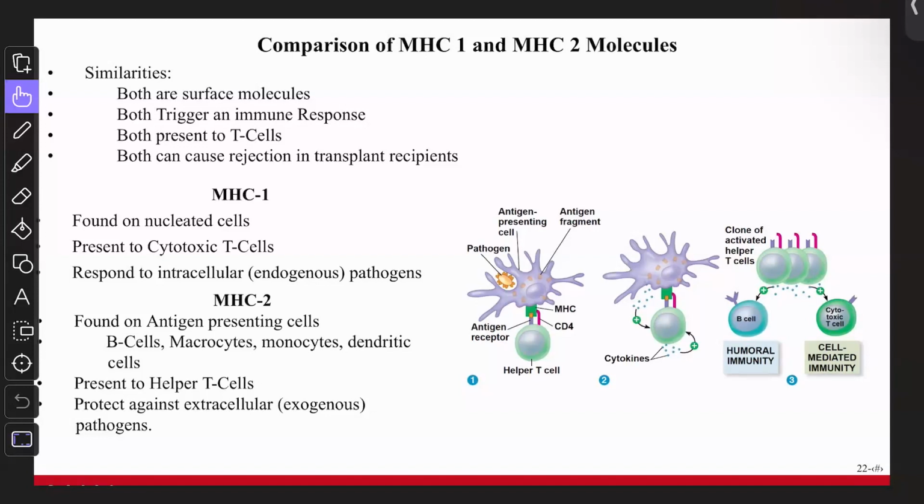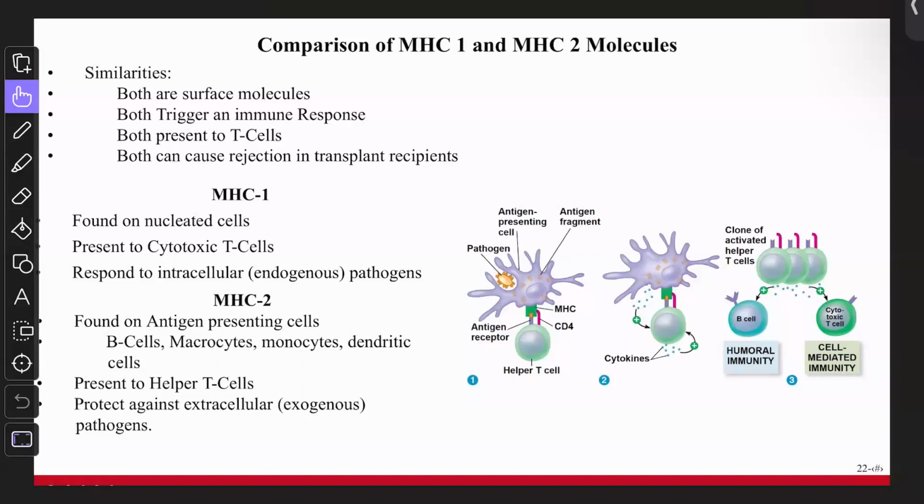Both MHC1 and MHC2 molecules on the antigen presenting cells will present to T cells, but they present to different kinds of T cells. And interestingly enough, both MHC1 and MHC2 molecules on antigen presenting cells can cause rejection in transplant recipients.